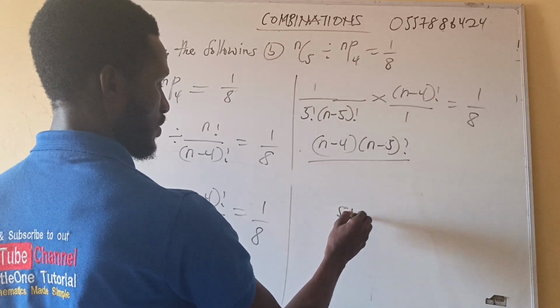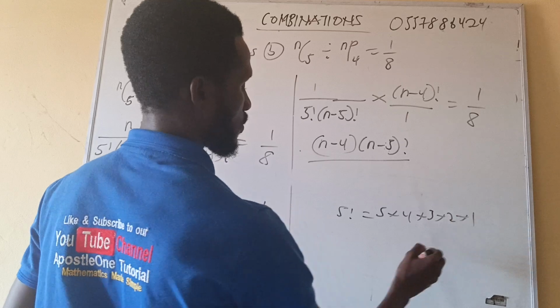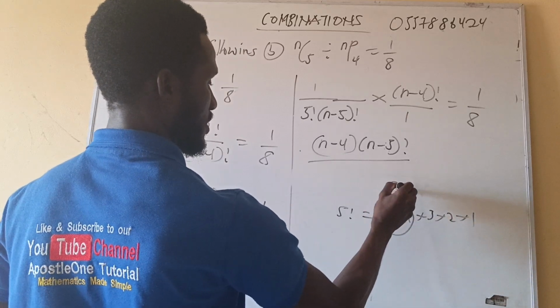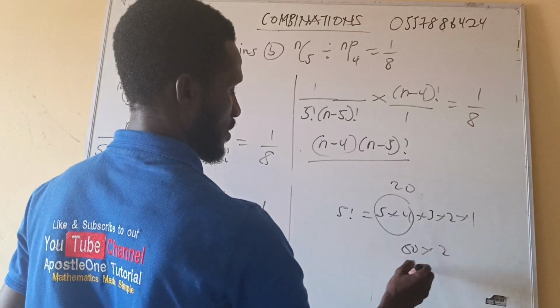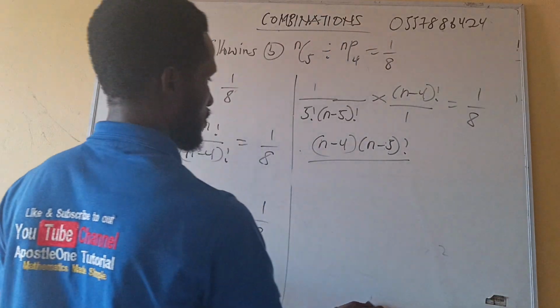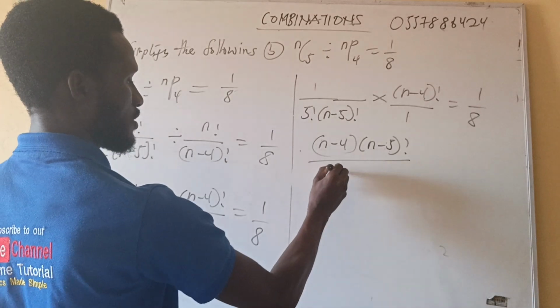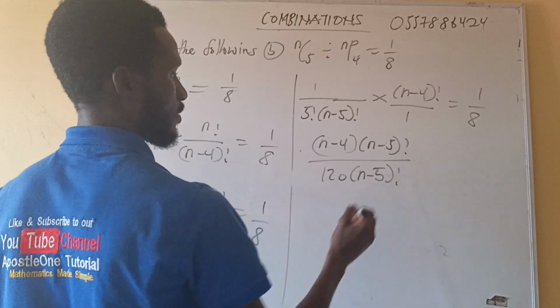Don't forget that 5 factorial is the same as 5 times 4 times 3 times 2 times 1. Now this one will give us 20 times 3 will give us what? 60 times 2 will give us 120. So we have 120 times n minus 5 factorial.